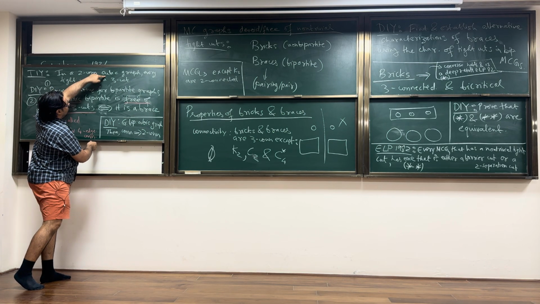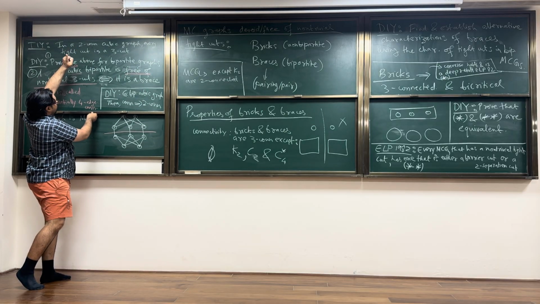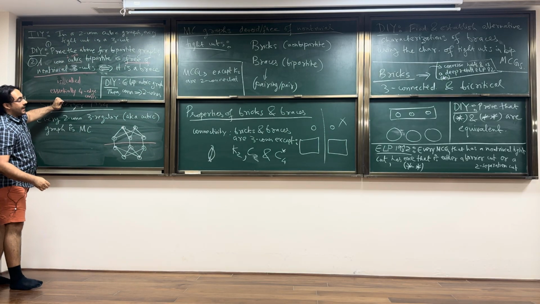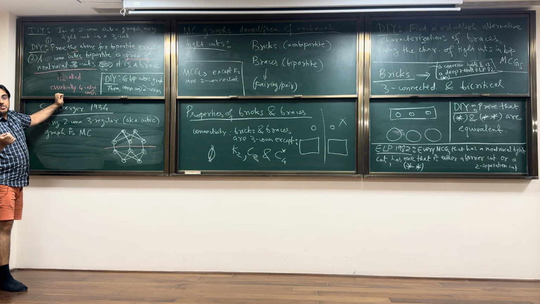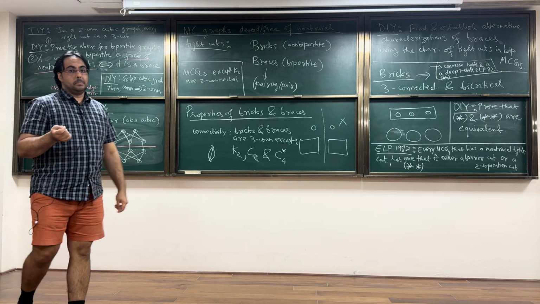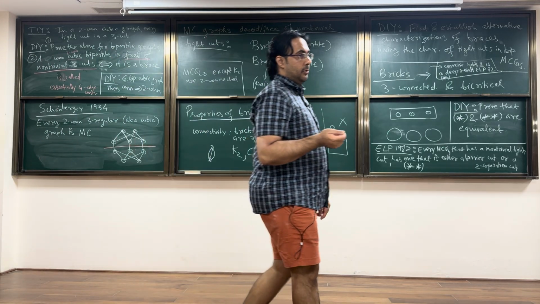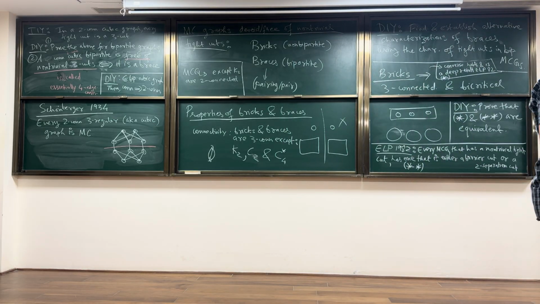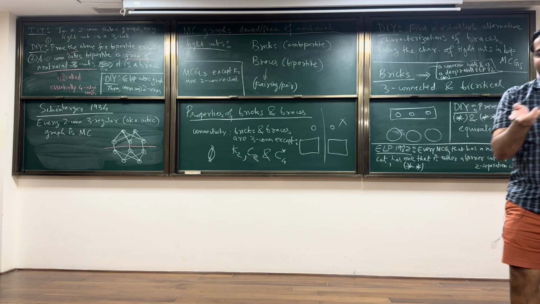If you have a 2 connected cubic graph that is essentially 4 edge connected, then it has to be a brace or a brick. Yeah.